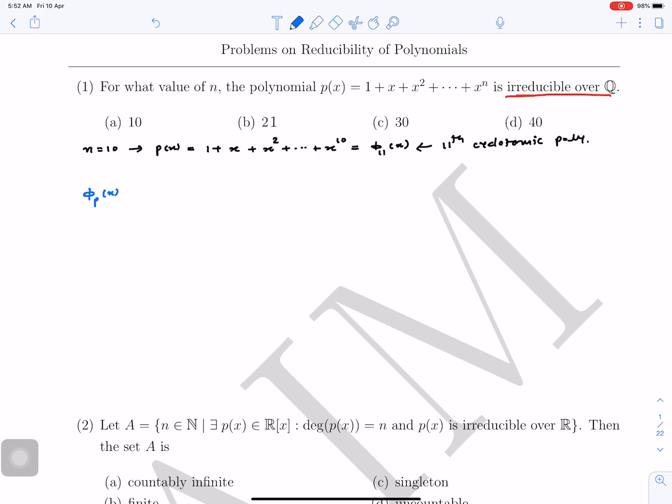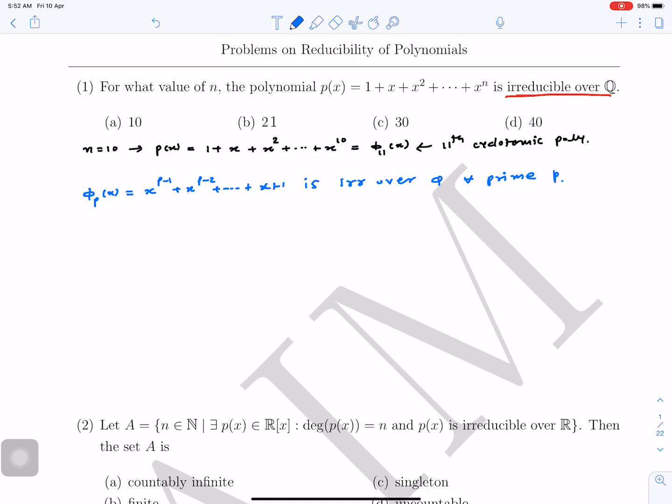Φ_p(x), which is x^(p-1) + x^(p-2) + and so on + x + 1, is irreducible over Q for all primes p.